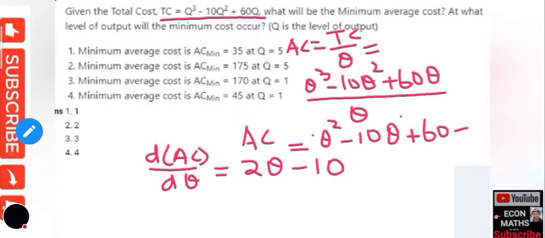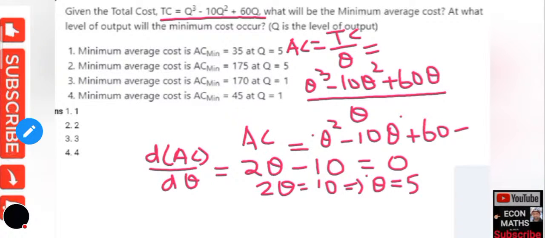And we set this equal to 0. Now when 2q minus 10 is equal to 0, that means 2q is equal to 10, or q is equal to 5. So the minimum average cost occurs when the quantity q is equal to 5.